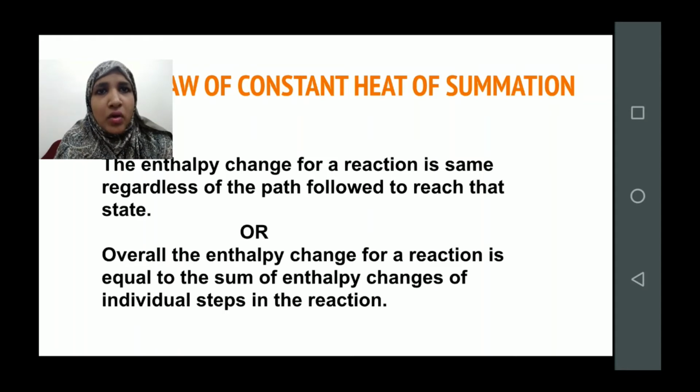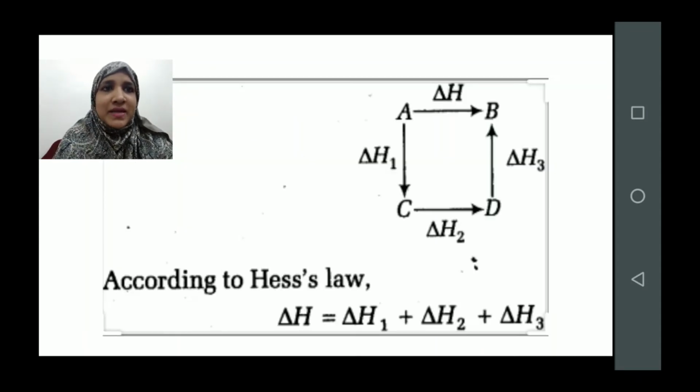All these statements are saying the same thing: regardless of the path or the number of steps involved, the total enthalpy change will remain the same, because enthalpy is a state function and it depends only on the initial and final state.